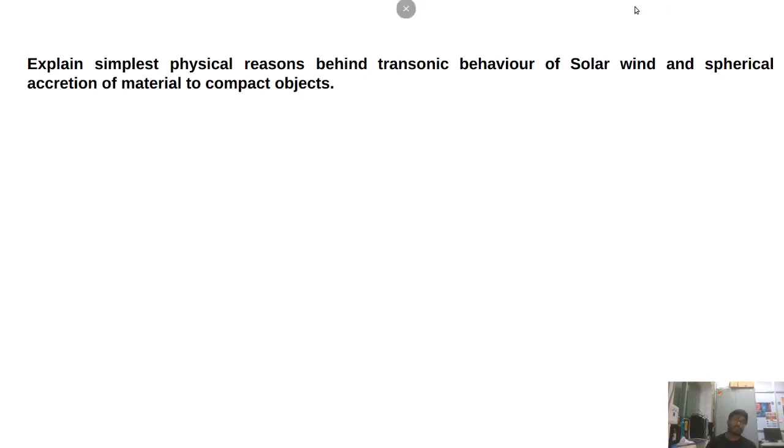So first of all, we need to recall what transonic behavior is. We know there is subsonic and there is supersonic, depending upon the velocity of the flow with respect to the local sound speed.